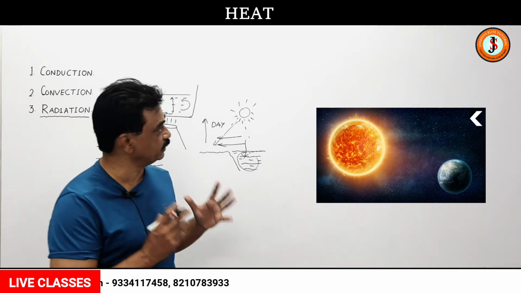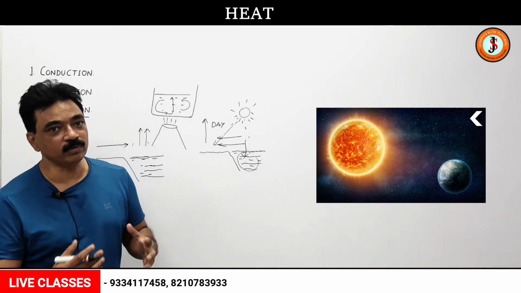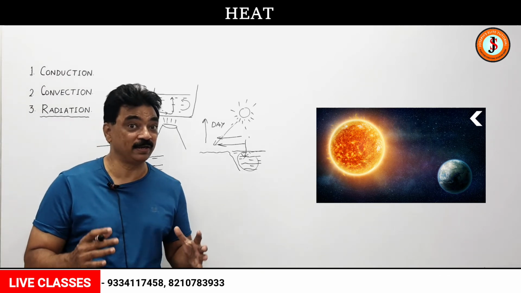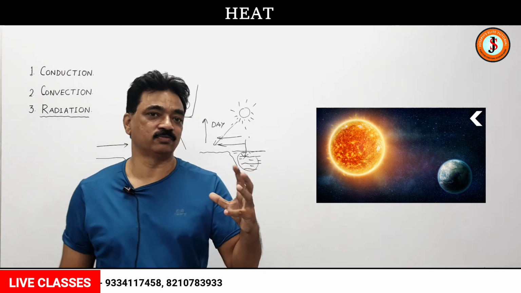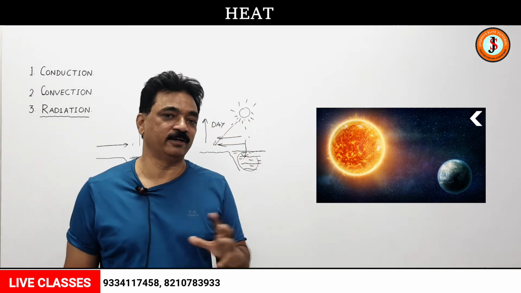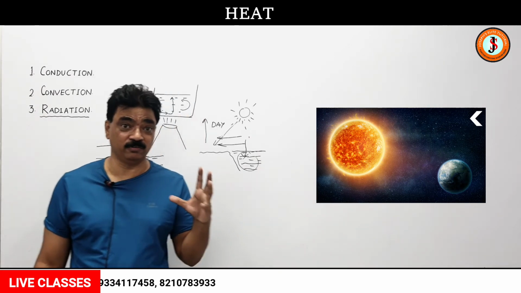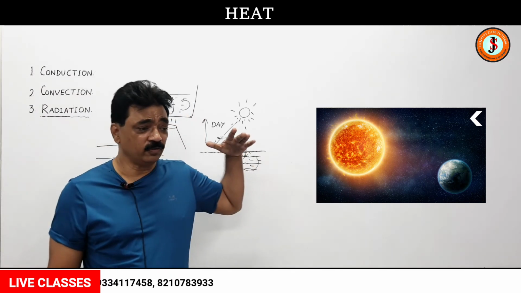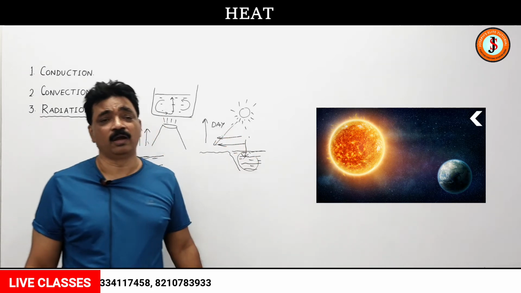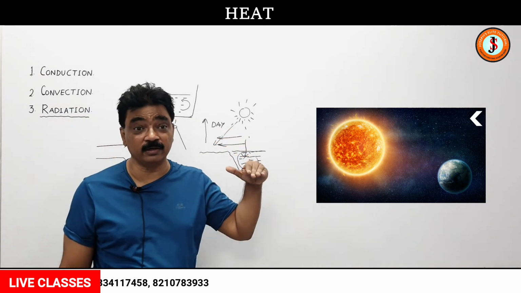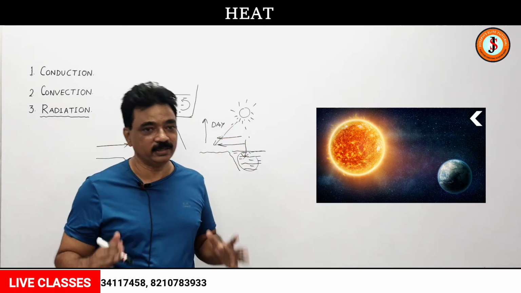So that is what radiation is. Like sunlight from the sun, the infrared or ultraviolet radiations are coming. Especially infrared will cause heating, and without heating anything in between, it will come directly to earth, and that is known as radiation.